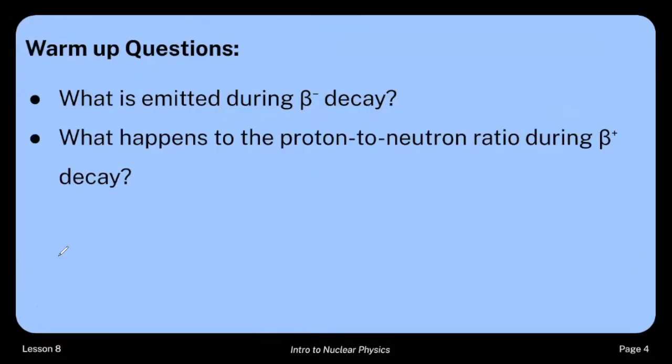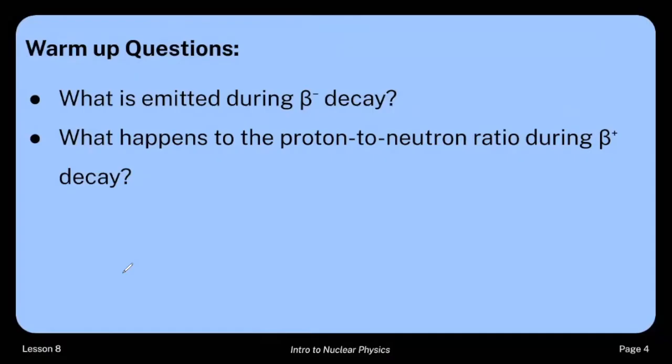The next question: what happens to the proton to neutron ratio during beta plus decay? Recall that the difference between beta minus and beta plus decay is that one of them is a proton converting to a neutron, and the other is a neutron converting to a proton.